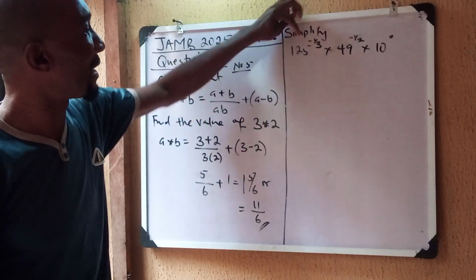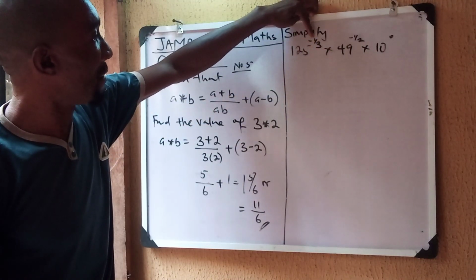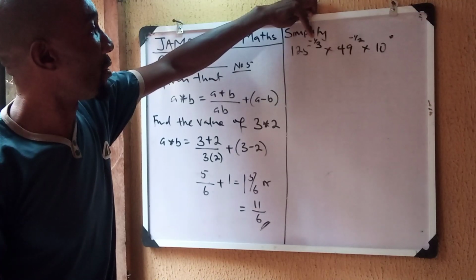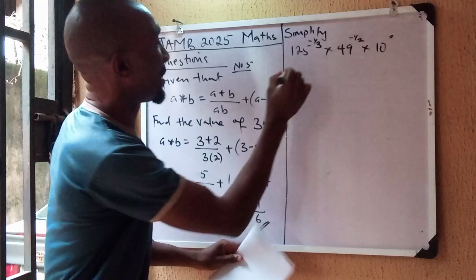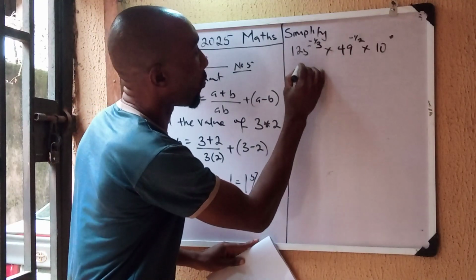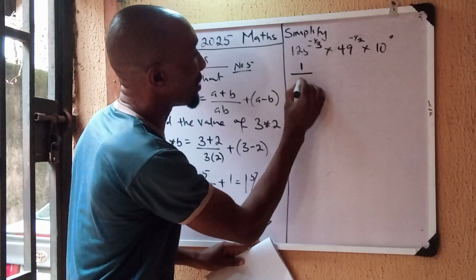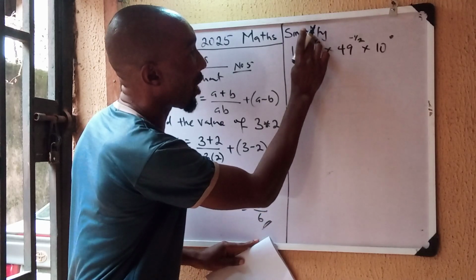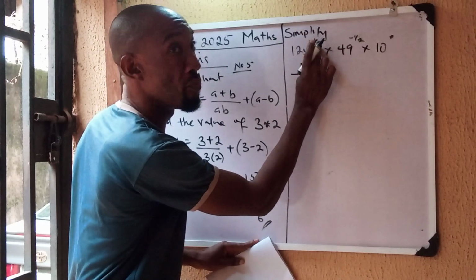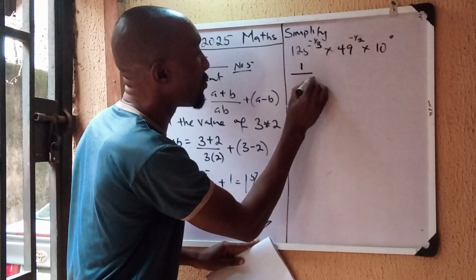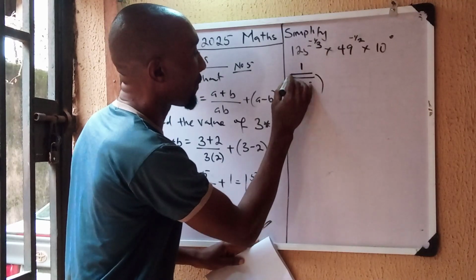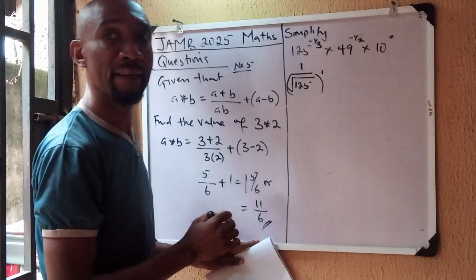The fractional index law says the numerator at the top is the power, so this will give you 1 divided by the cube root of 125, because the denominator is 3, all raised to power 1.